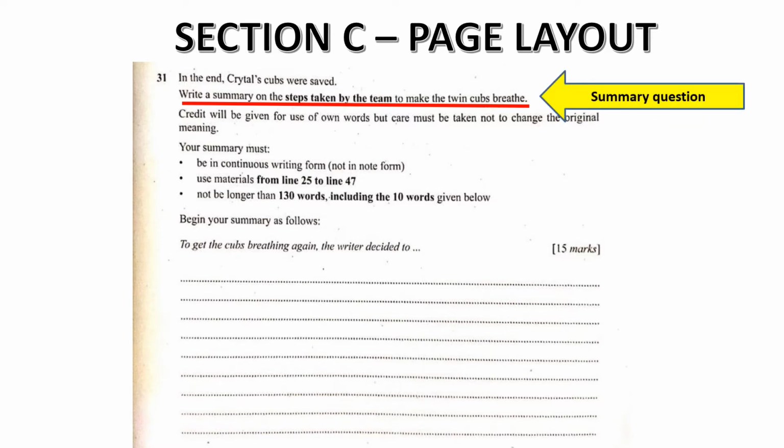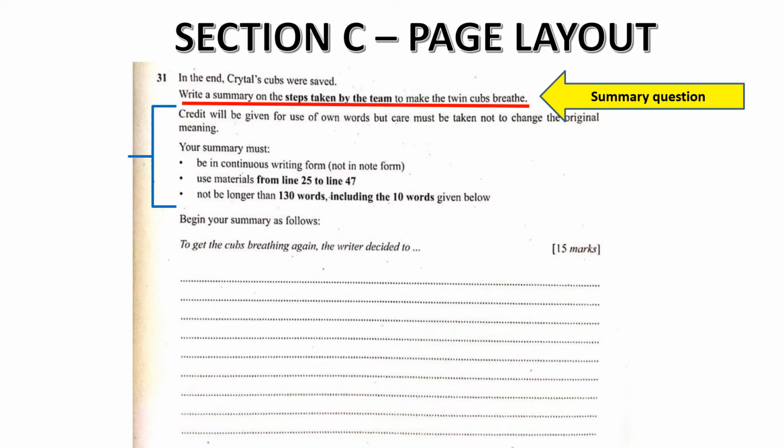Different summary questions may have different types of questions. Sometimes there is more than one question asked for summary. Like this one, there is only one question, which is steps taken by the team.